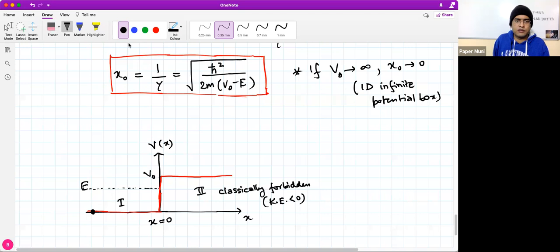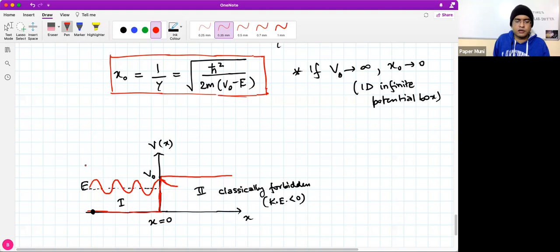Now the wave moves like this. I'll try to draw it as correctly as possible. The wave is oscillatory here. It oscillates like this. When it reaches this region, it decays to 0.